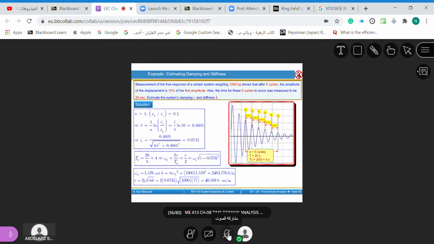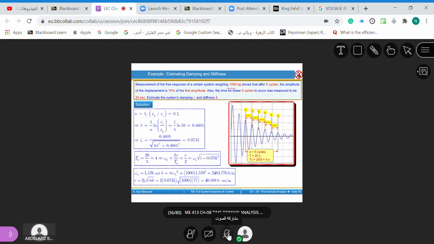We have an example here, Shabab, to be solved. The free vibration response of a certain system which has a mass of 1000 kilograms.